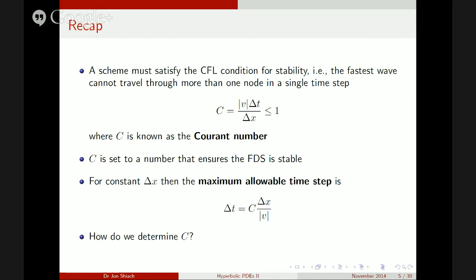C has got to be less than 1, but we want c to be as high as possible, because when c is small, our delta t is going to be small, and we're going to use more time steps. So we want c to be as high as possible, but still remain stable for the scheme. What we're going to be looking at today is how we determine this value of c.